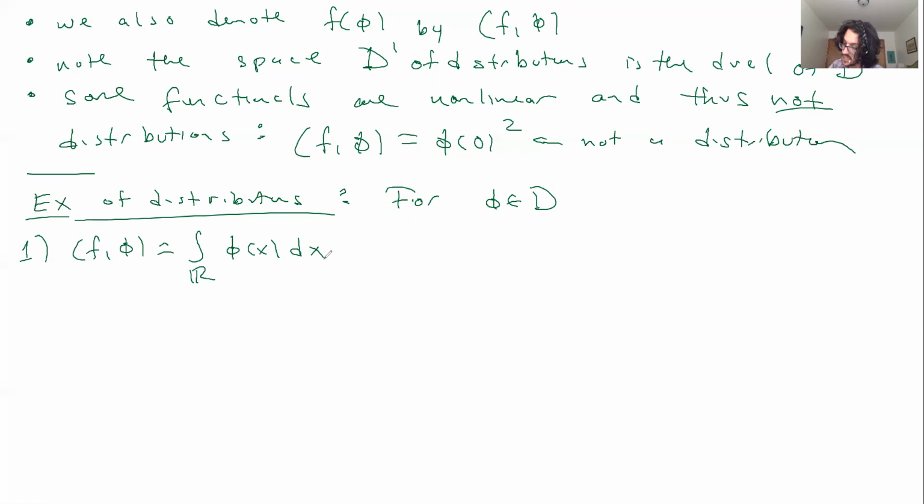So you don't necessarily need to have it be something that has these peculiar kind of measure zero properties like the delta distribution does, okay? You could also have a distribution where you just integrate the test function from 0 to infinity, okay? See if you can think of what distribution this would be, right? This is the Heaviside distribution, right? Because you're basically cutting off everything below 0 when you do the integral.